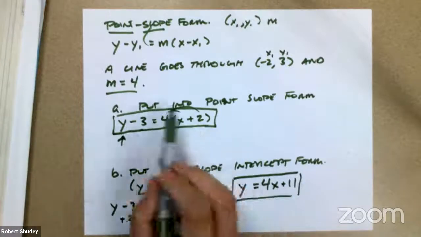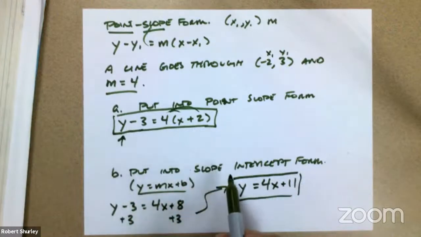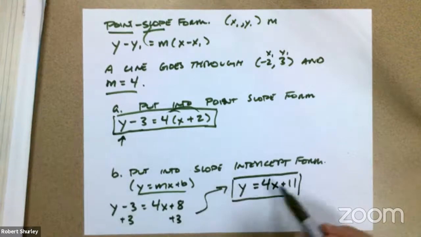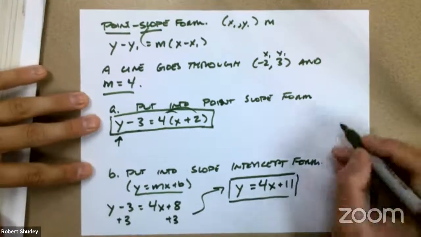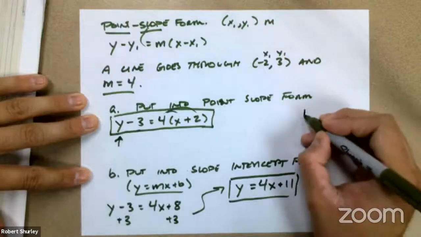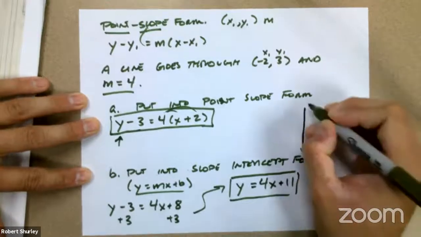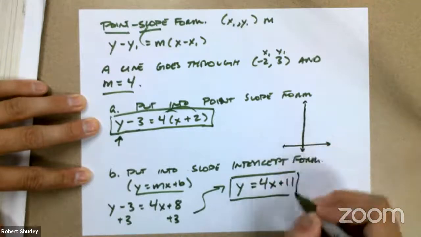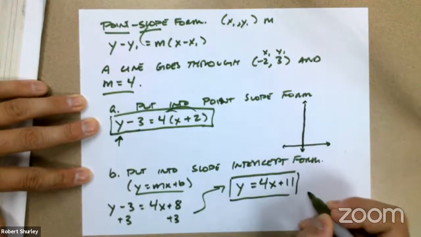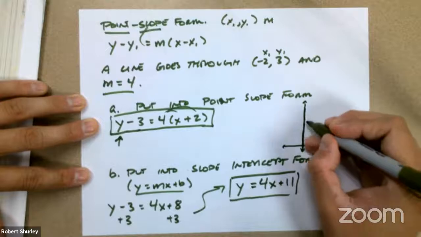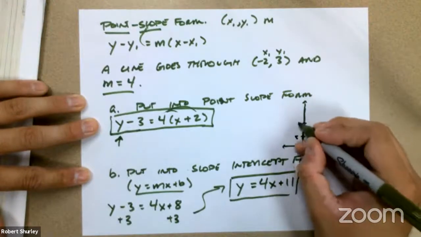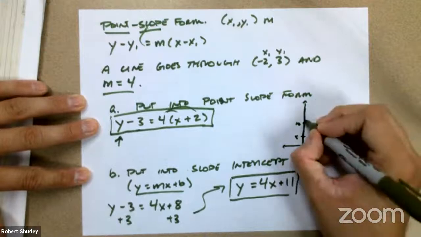So look, two different equations. But if you graph either one of these, they're going to be the exact same line, right? If we want to graph this in slope intercept form, which we should all be familiar with, this is the y-intercept. So if I go up here, let's do it by 5s, 5, 10, 11's about right there.